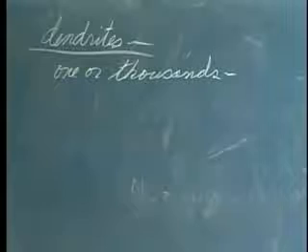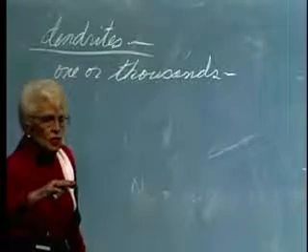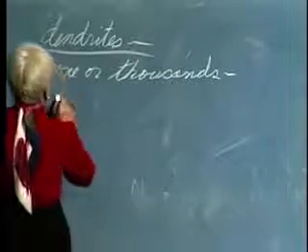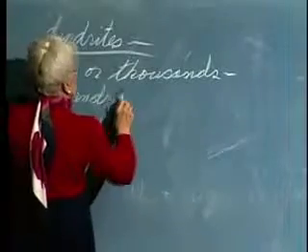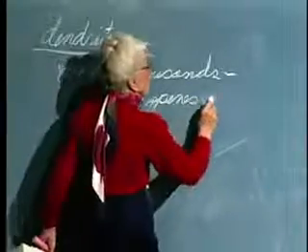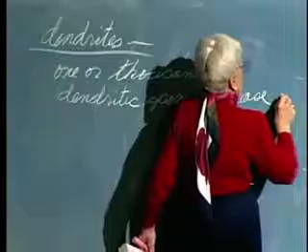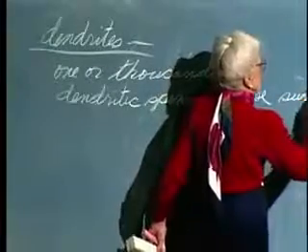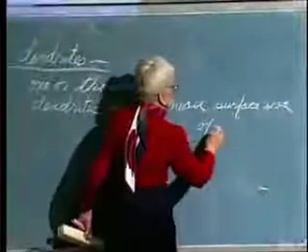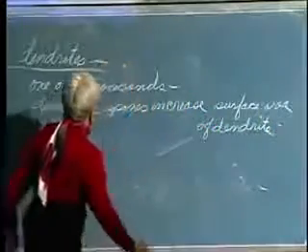Now, dendrites can increase their surface area by having what are called spines. Have you heard of dendritic spines? Dendritic spines increase the surface area of the dendrite. I'll show you pictures of them. They're quite fascinating little structures.